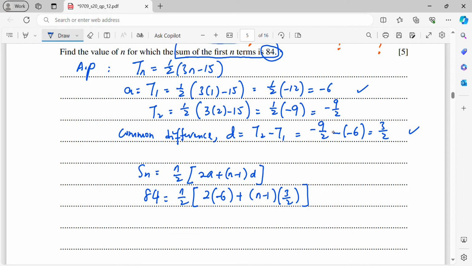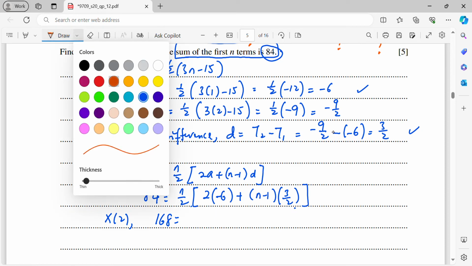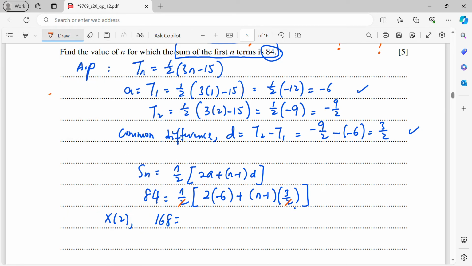So from here, since I have the denominator of 2 here, I multiply the whole equation by 2 first. Left hand side, 84 times 2, you will get 168. Then these 2 will be cancelled off because you times 2. Then here, just expand. So I will get n bracket minus 12, then 3 times n is 3n, 3 times minus 1, I get negative 3.